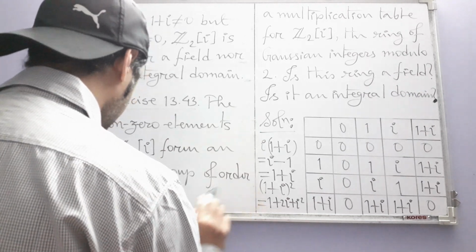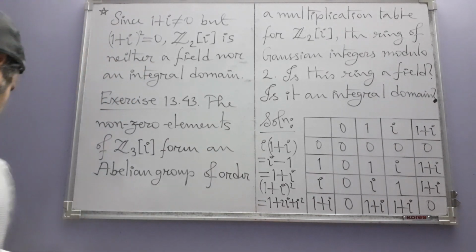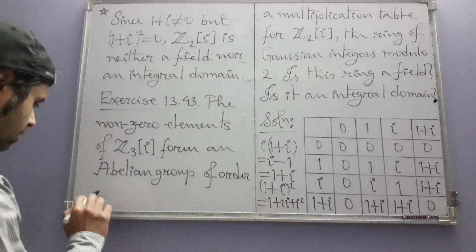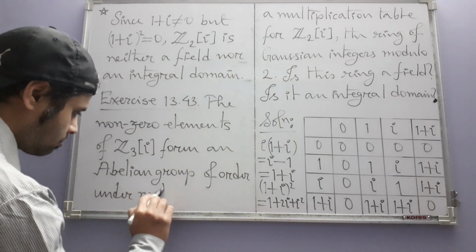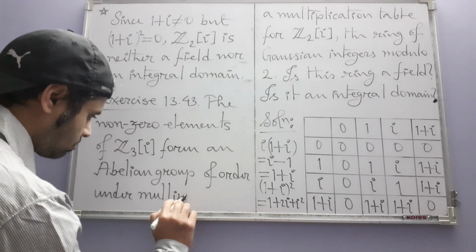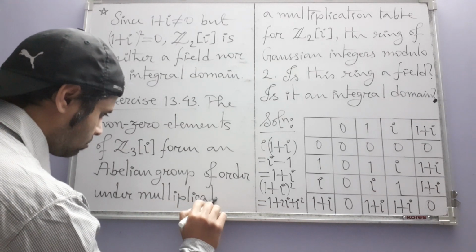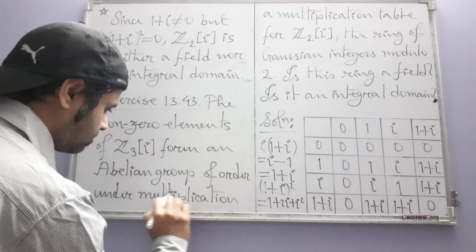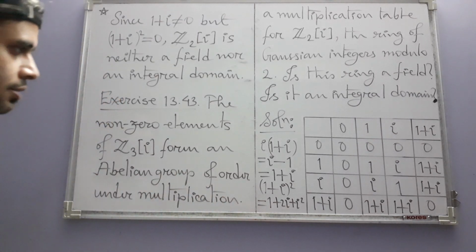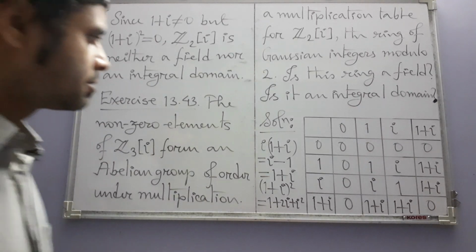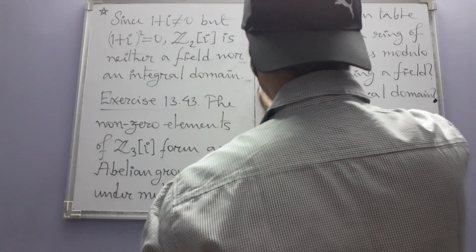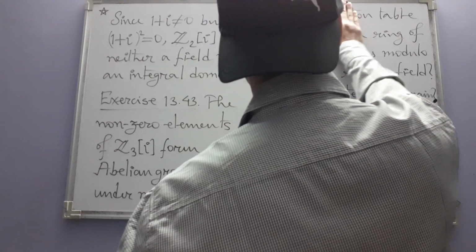There are 8 elements in this ring under multiplication. The multiplication that we have in this ring, under that operation, the non-zero elements in this ring form a group which is abelian.